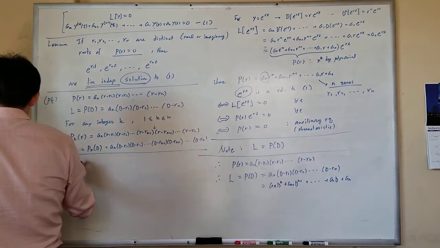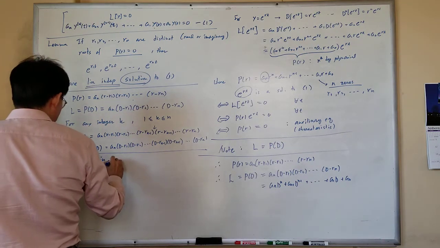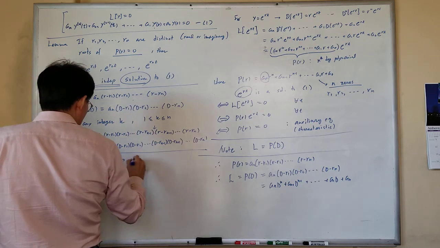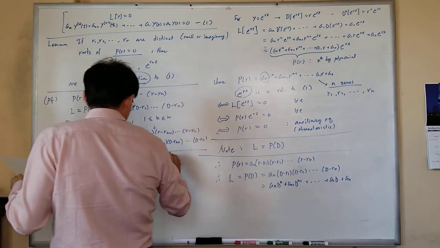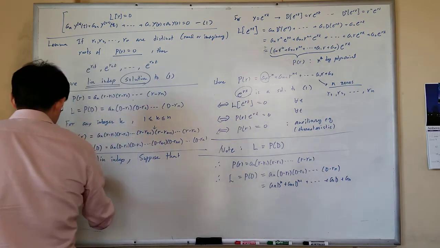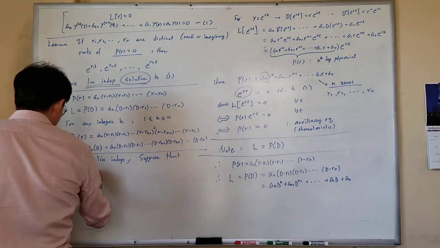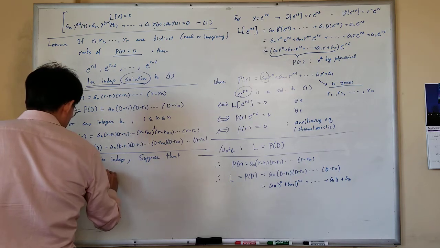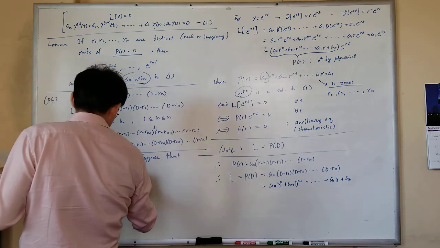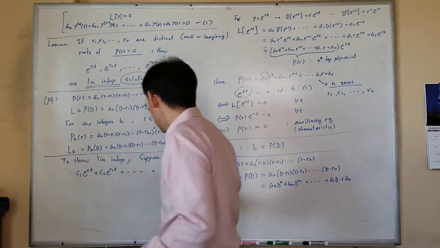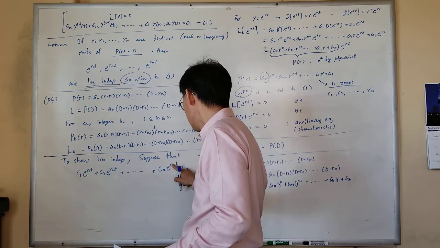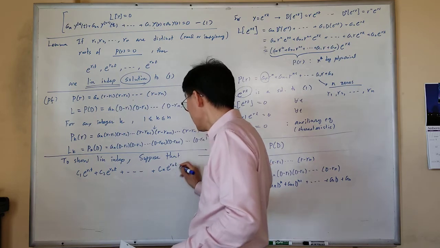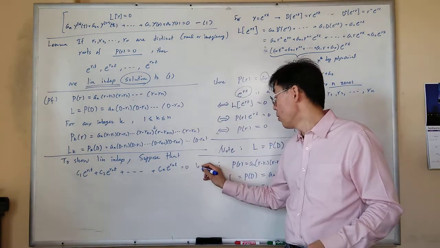So, to show linear independence, we suppose that c1 e^(r1 t) plus ... plus cn e^(rn t) equals 0. As I said, this is true for all t.